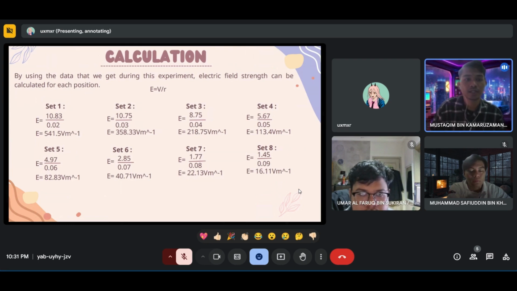From table 3 in the experiment, we substitute the values and get the electric field value. So don't forget, the unit of the electric field is volt meter to the power of negative 1.